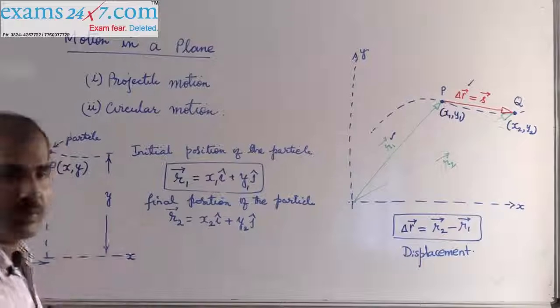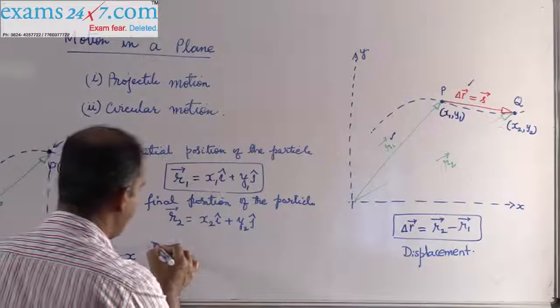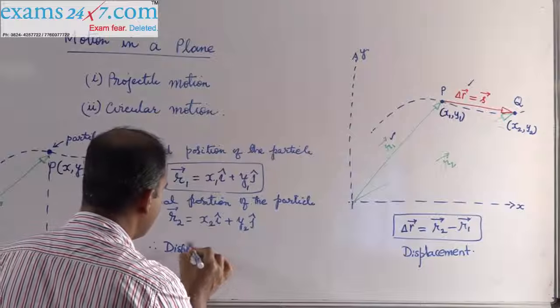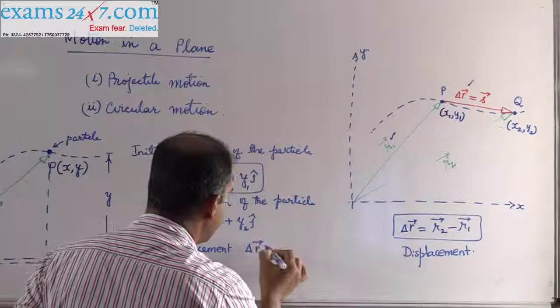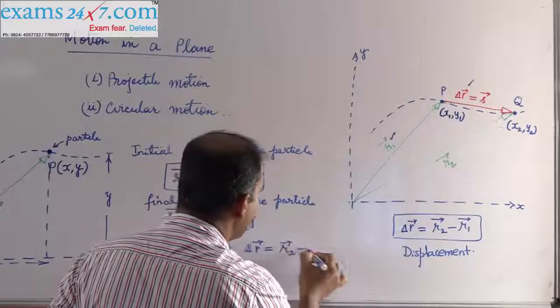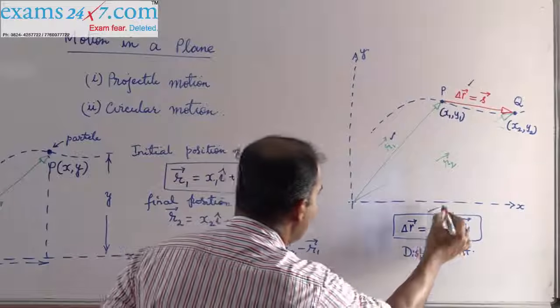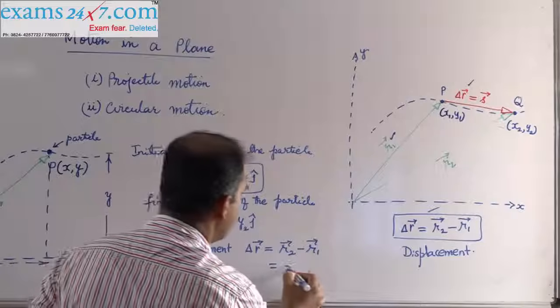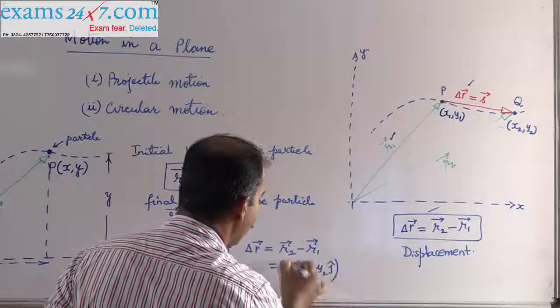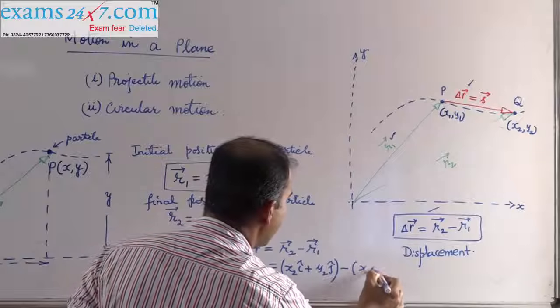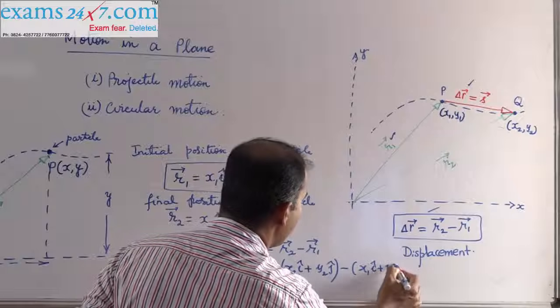If you take the difference between the two, you get therefore the displacement delta r vector, which is going to be r2 minus r1, which is x2 i cap plus y2 j cap minus x1 i cap plus y1 j cap.